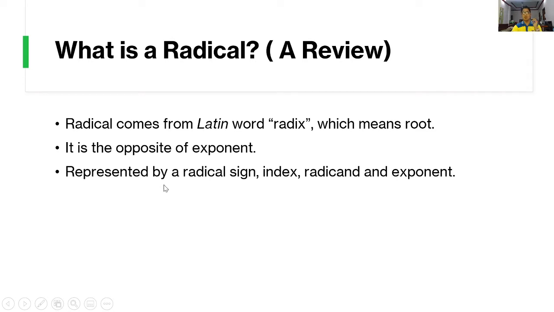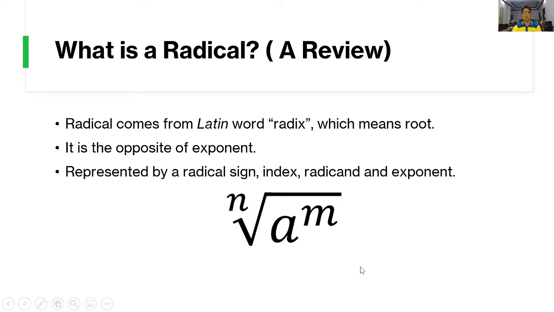Now, the radical is also represented by the following: radical sign, index, radicand, and exponent. So baka nalimutan, let's have here now the given. Eto. So let's first identify yung mga parts na nandito po. This one, yung n na nasa may buntot, this is called the index. Okay? At yung buntot naman, this is called the radical sign. As I have told you last time, last video, this is the radical sign, this is the vinculum.